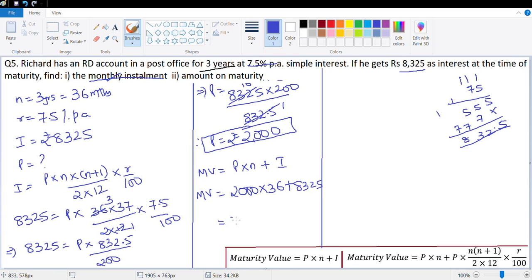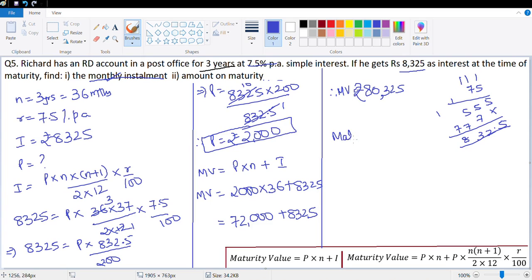So 36 into 2, that's 72. So this is 72,000 plus 8325. Therefore, maturity value would be equal to 72 plus 8, that's 80,325 rupees.